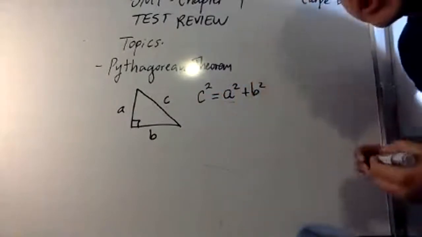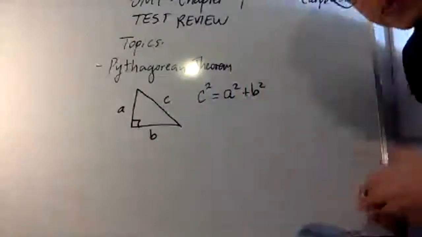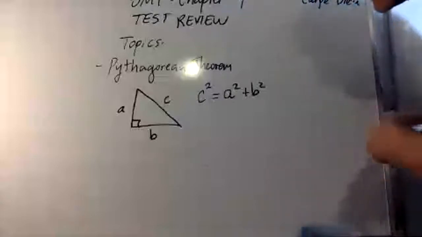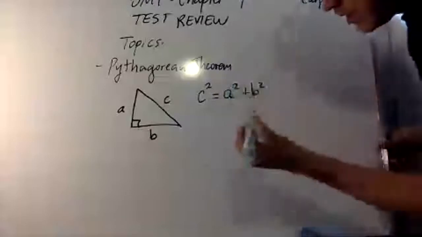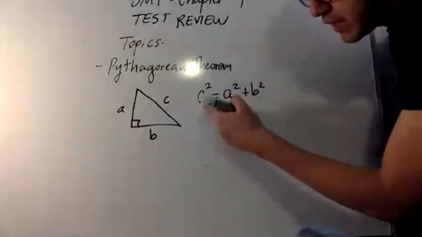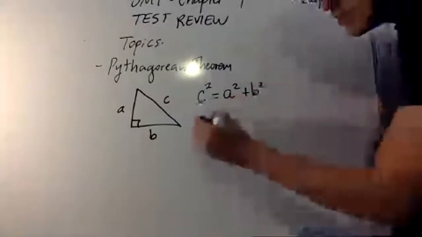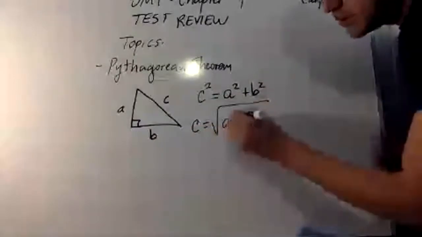So make sure that you use this form, which is the one that we derived in the first place and the one that is more common to everyone. We are going to use this one when we are solving for C. Sometimes you're going to use it this way.